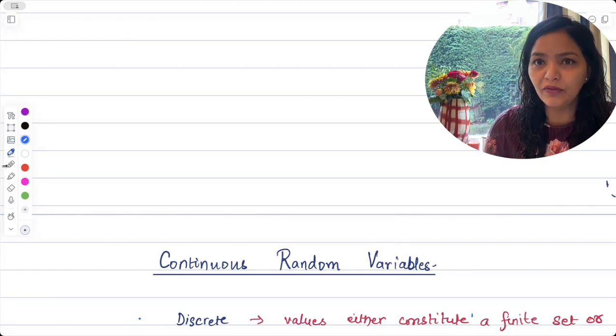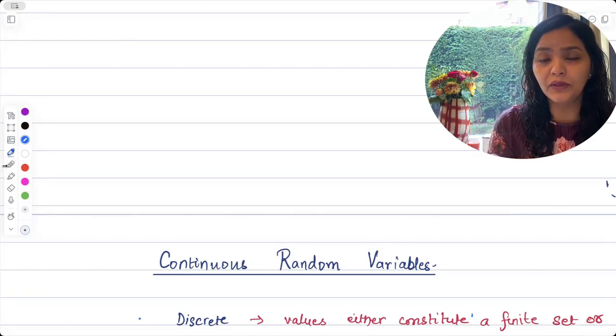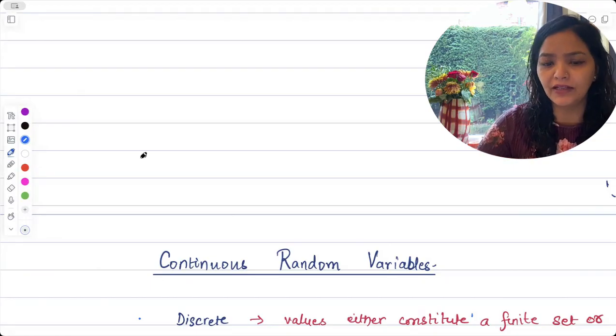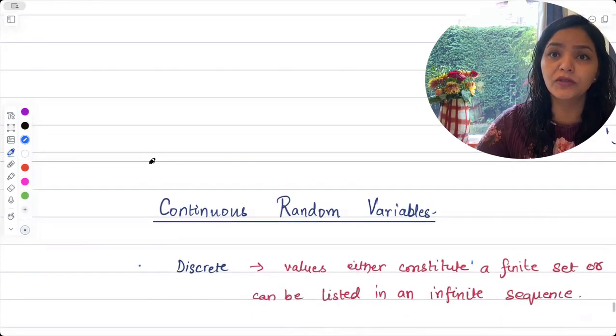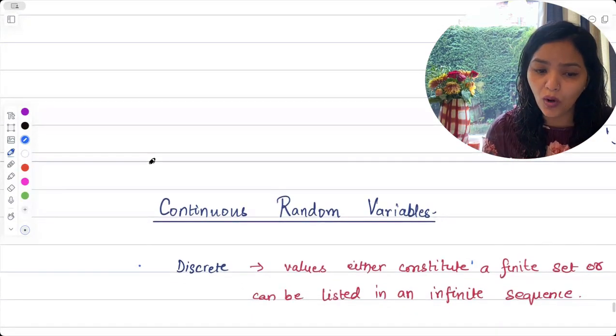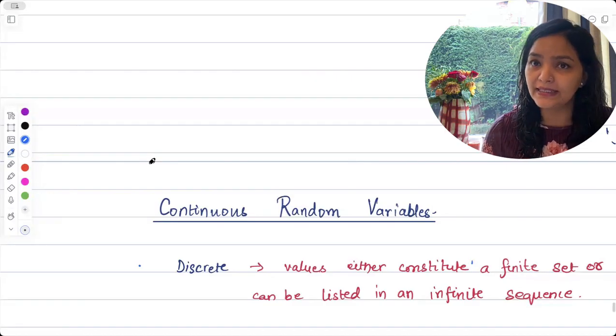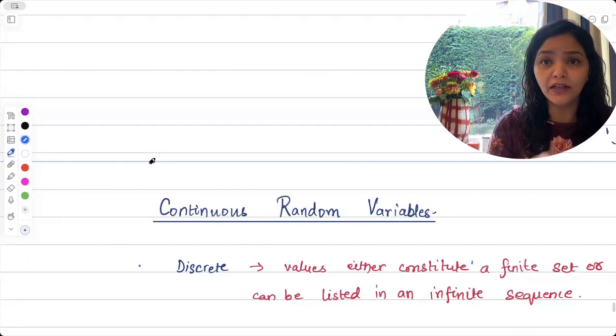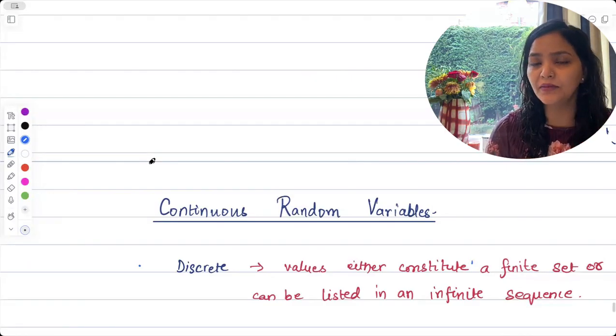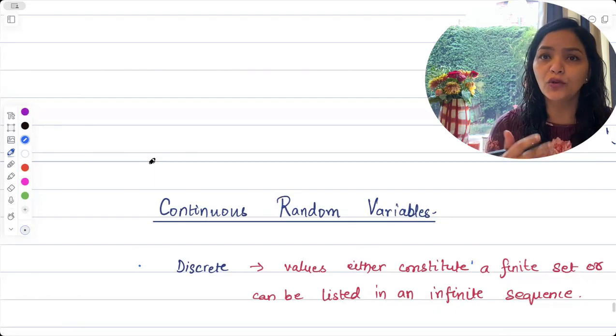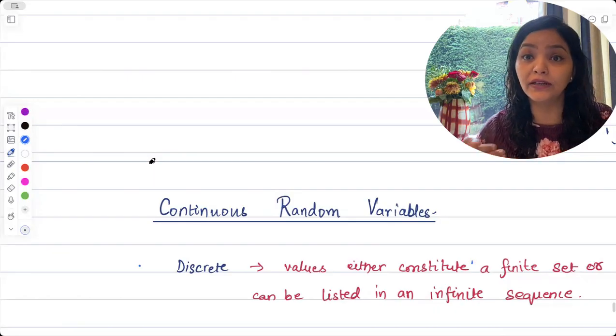In discrete, we've seen that you have a variable which is taking certain finite values. It either constitutes a finite set or can be listed in an infinite sequence of numbers. That's a discrete random variable. In a continuous random variable, as the name suggests, your random variable can take values continuously.